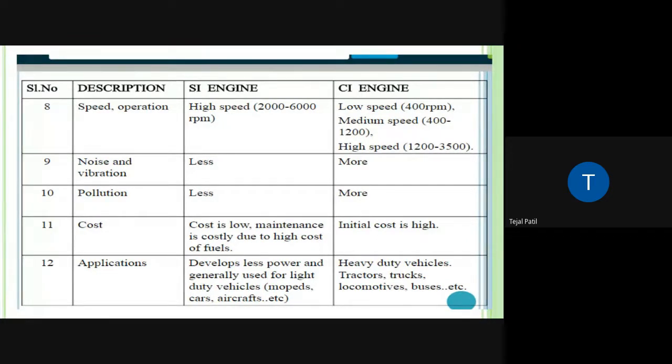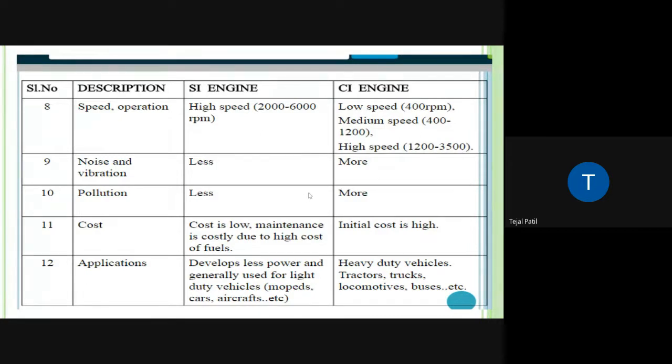In trucks and buses, the load carrying capacity should be more, and that is why diesel engines are preferred there, and those engines have low speed. Low speed engines have around 400 rpm, medium speed 400 to 1200, and high speed maximum 350, not more than that.